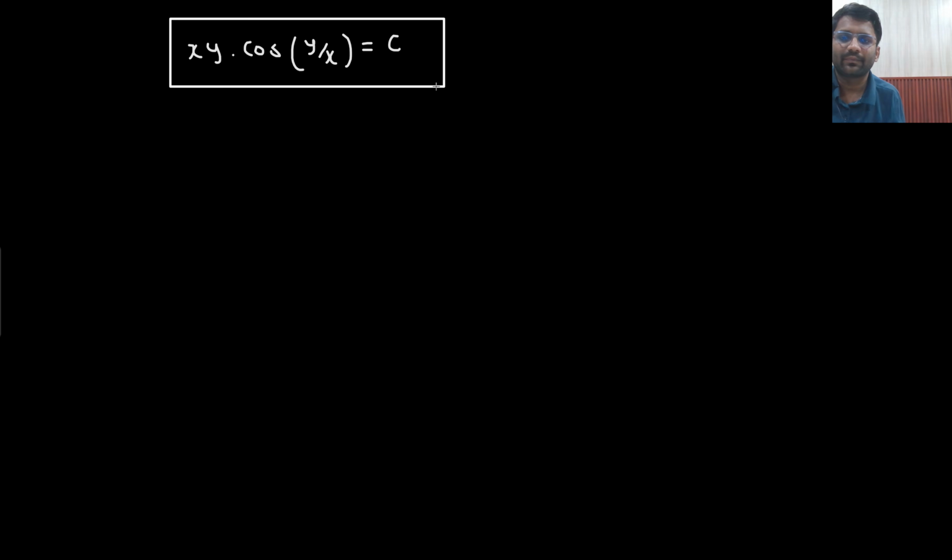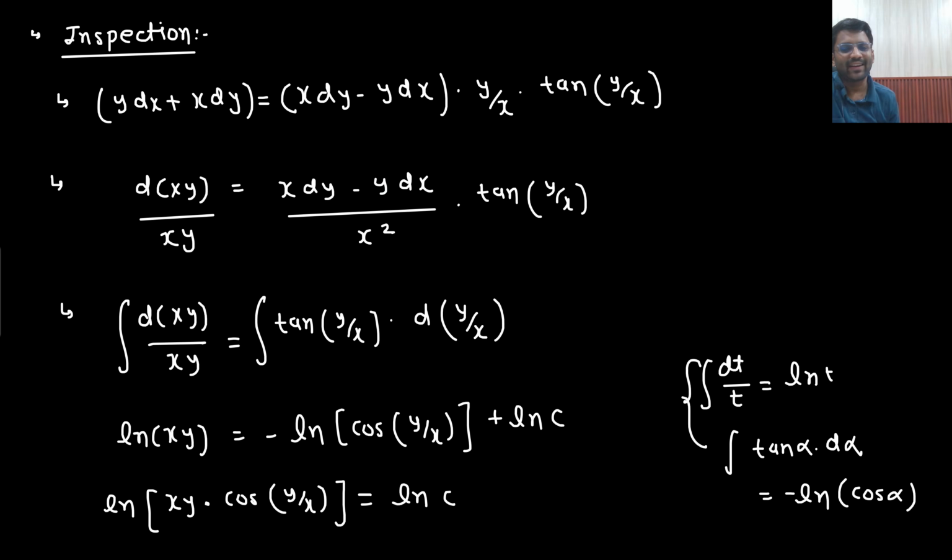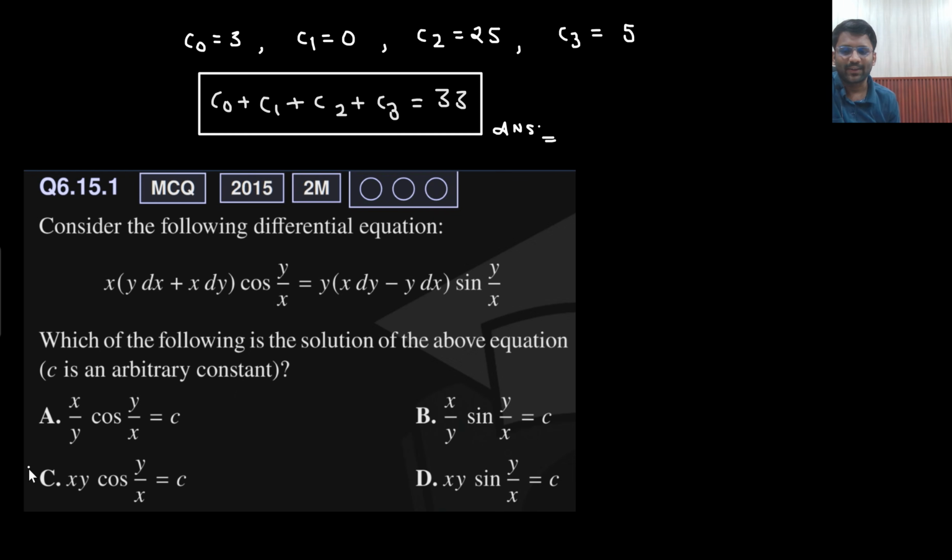So from here what I am getting? xy multiplied with cos of y by x equals c. There you go, we got the answer. So xy into cos of y by x equals c.